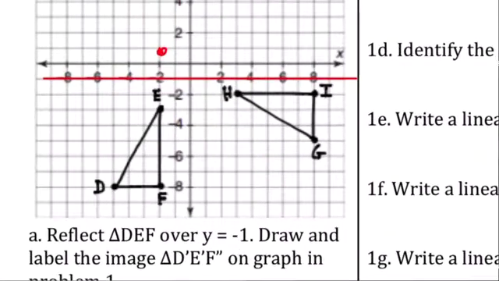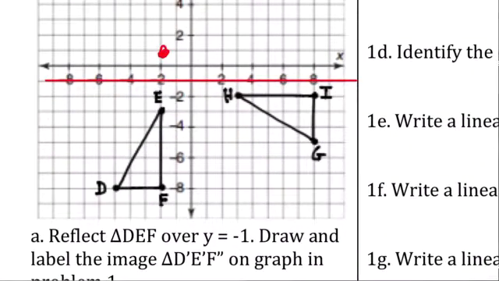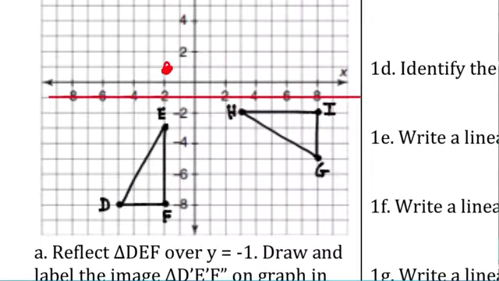Okay, reflect over it. Notice it's still at 2. This is E prime, and it is 2, 1. So this is like 5, right?